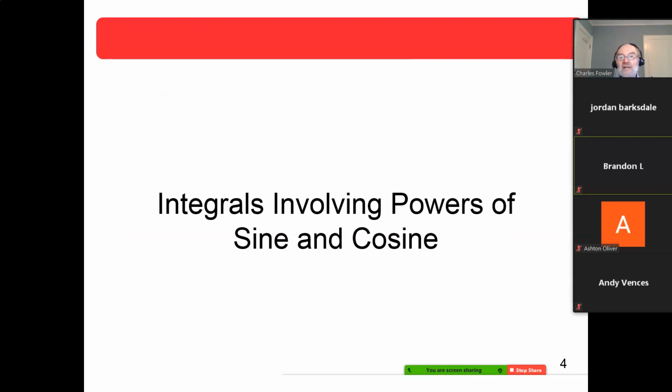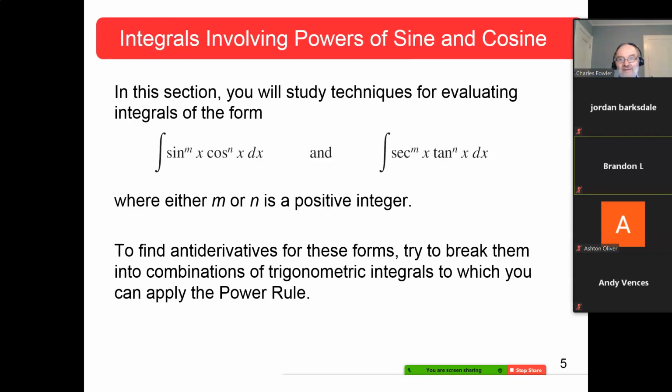Integrals involving powers of sines and cosines. In this section, you'll study techniques for evaluating integrals of this form: the integral of sine to the mth x times cosine to the nth x, and secant to the nth x times tangent to the nth x, with all those being dx's, where m and n are positive integers.